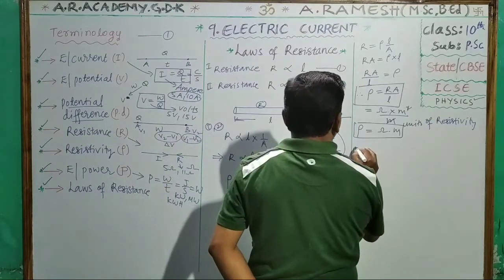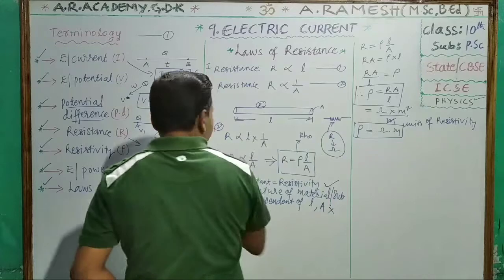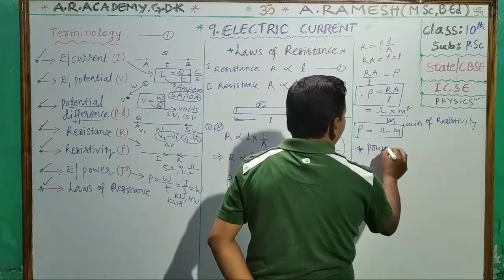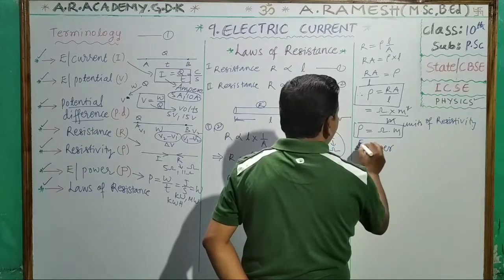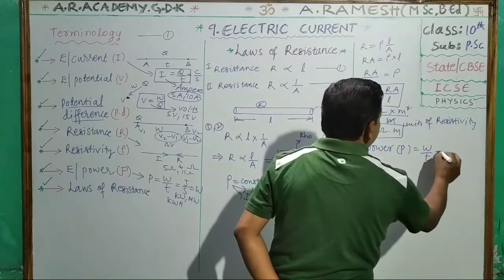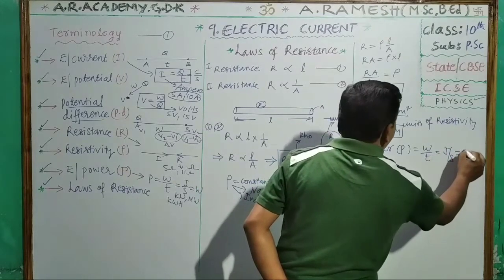The final topic is about the power units. Electrical power: P equals W by T, that is joule per second, which is the watt.